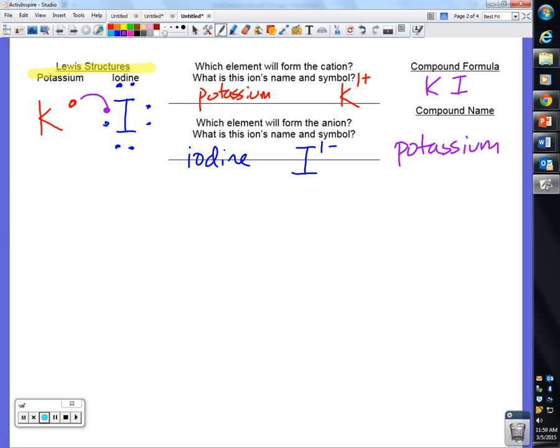The second word is the name of the nonmetal, except we change the ending to -ide. You only change the ending of the nonmetal, not the metal. It's not potassiumide iodide. Potassium iodide. Good with that for starters.